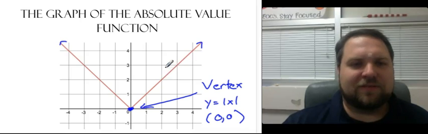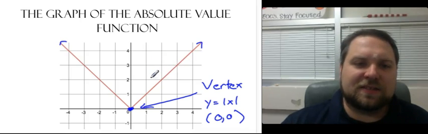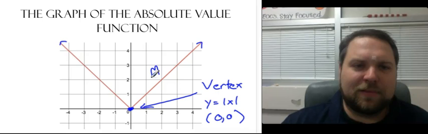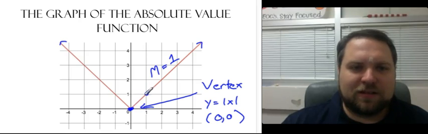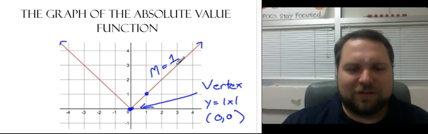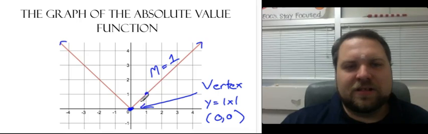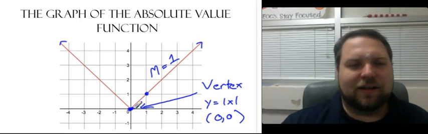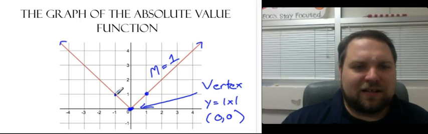And the V is constructed of two arms that come out from the vertex, from 0, 0. They go on forever in both directions. The slope of the right arm is going to be positive 1. If I measure the slope of this, I'm going up 1 over 1, up 1 over 1, up 1 over 1 forever. So this side has a slope of 1. Over here, I'm going down 1 and over 1. So the left-hand side has a slope of negative 1.